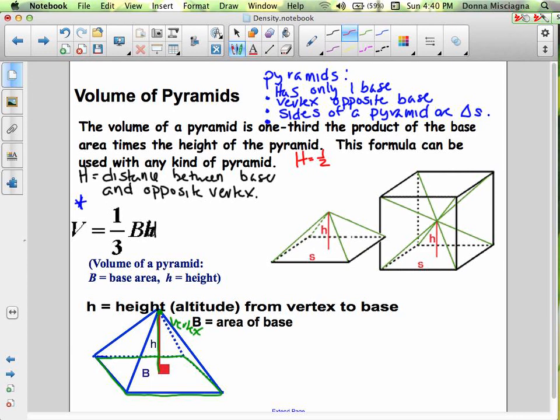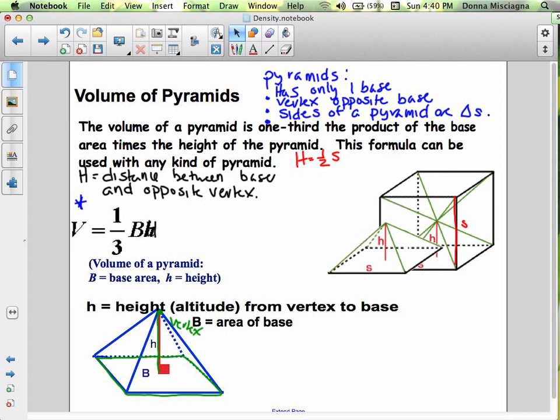This prism happens to be a special rectangular prism. It's a cube. So H here is half of S. All of the sides are S, but the height of the pyramid is only H, and H is half of S.